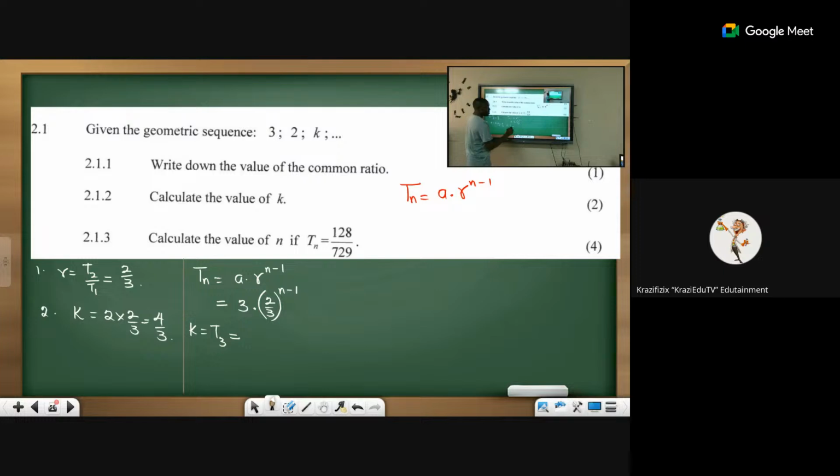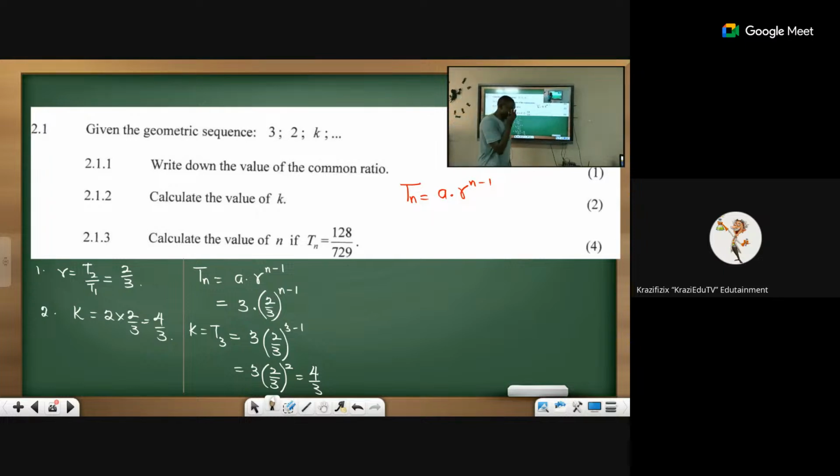What do you notice? 3, 2 over 3, 3 minus 1, which would give me 3, 2 over 3 squared. Make sense? So 4 over 3, because 3 and 9.